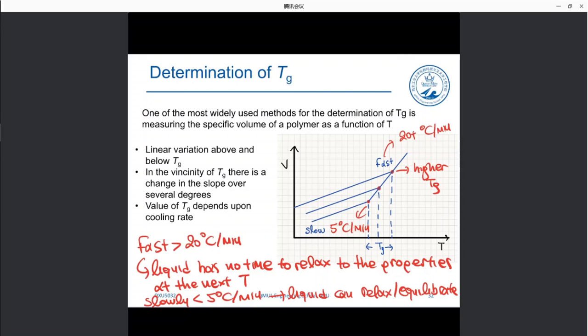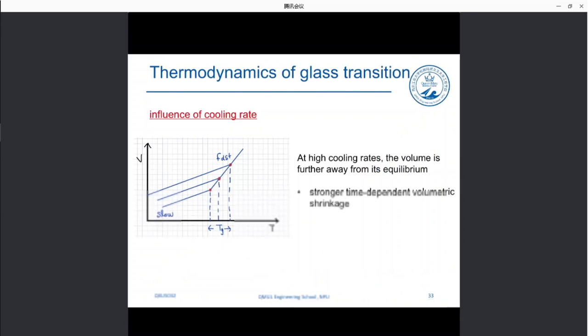Obviously, the slower we measure the glass transition, the more accurate values of glass transition that we get. But it is very important to remember that the cooling or heating rate certainly affects significantly the glass transition temperature. And that is why we call a glass transition temperature a pseudo second order transition. And we will see that now.